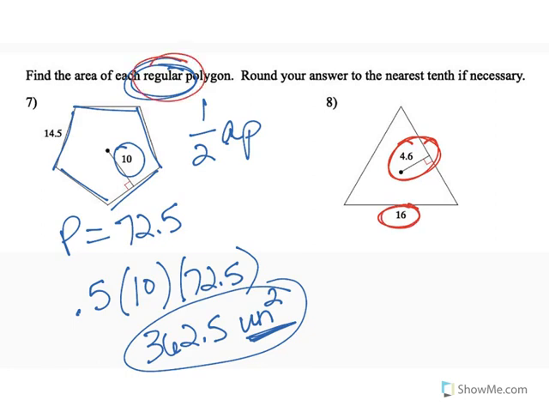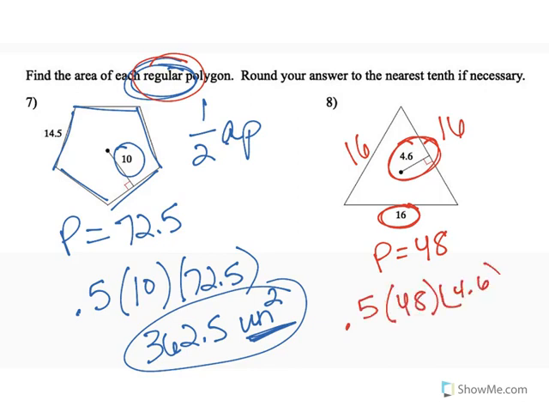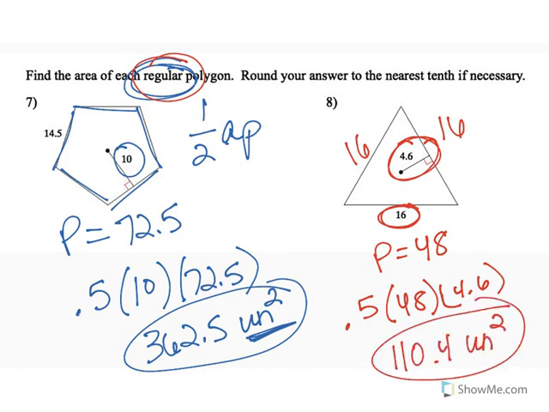It's regular, so we know they're all 16, so we can do 16 times 3, which gives us 48. So our perimeter is 48. So we're going to do 0.5 times 48 times 4.6. Sorry for that weird parenthesis there. That gives us 110.4 units squared.